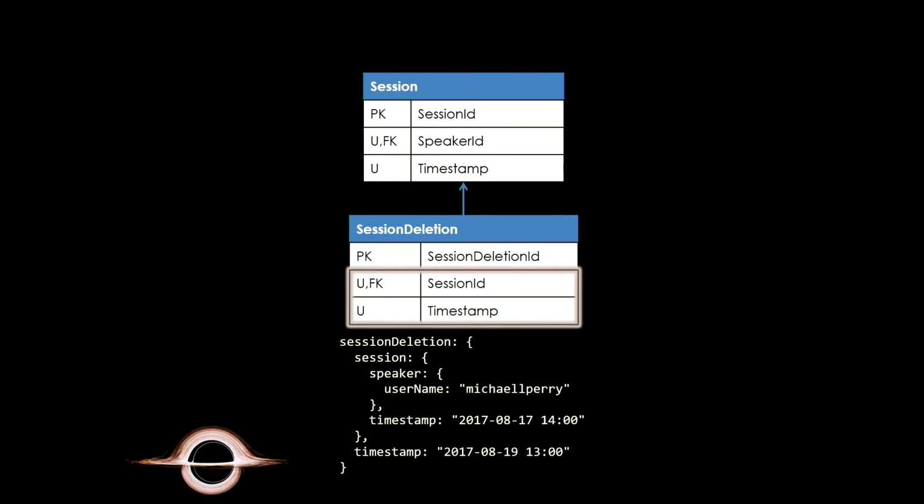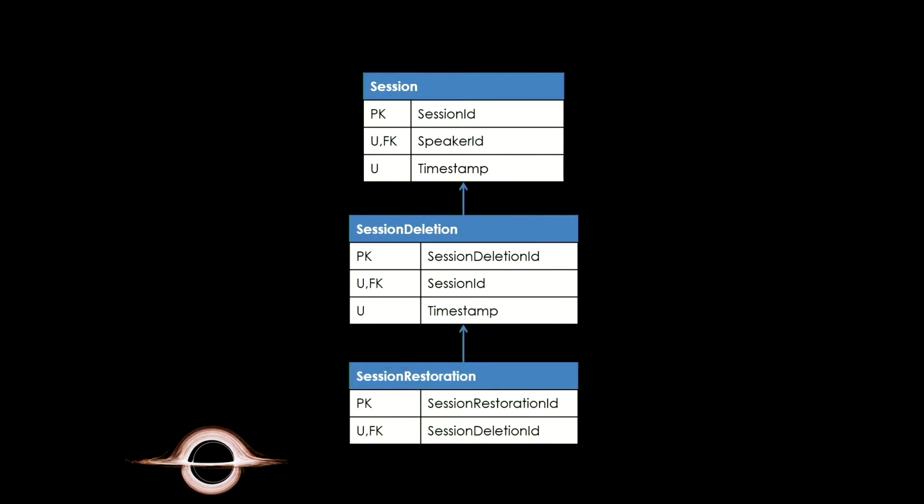And so in order to talk about a deletion from outside the system, I'd say, okay, I want to insert a session deletion for this session, the one that has the speaker with this username and has this particular timestamp. And that session deletion has this timestamp. So now that's identifying a very specific deletion event. And now that I can specify that specific deletion event, separate from any other deletion that might have happened, now I can add my session restoration for a particular deletion.